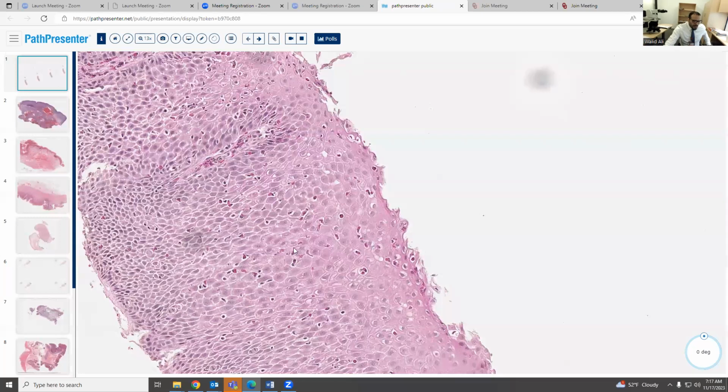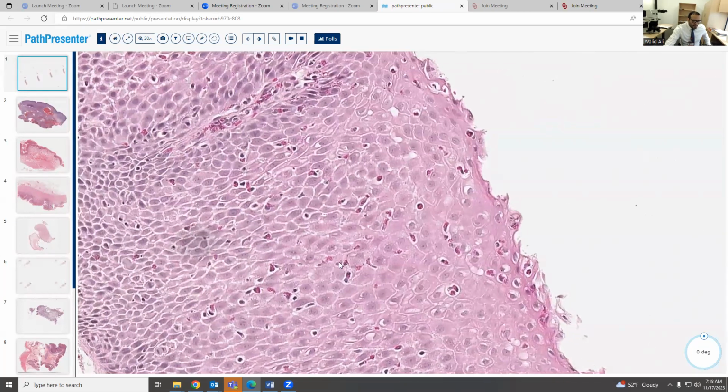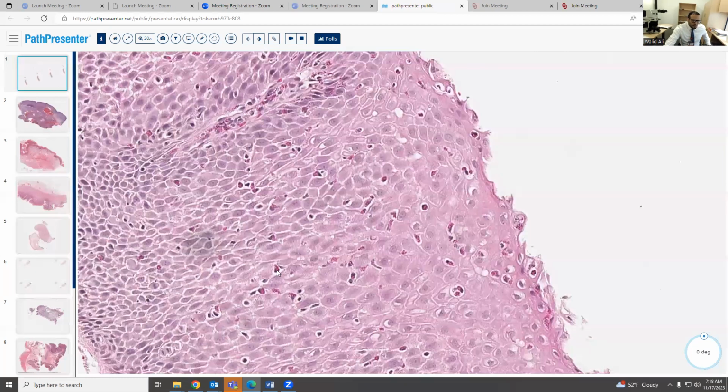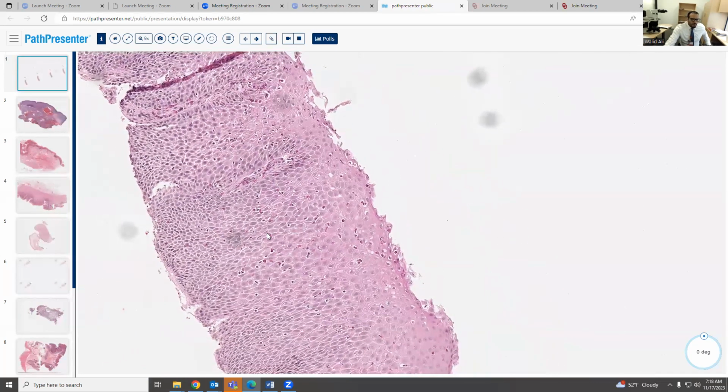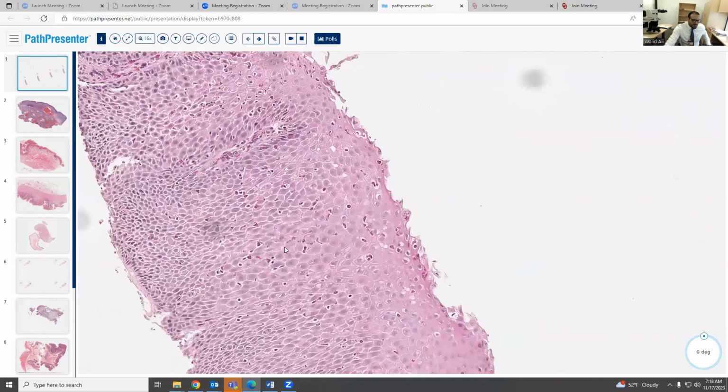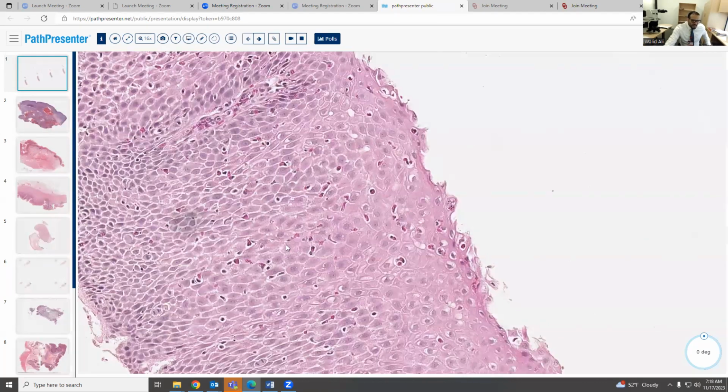When we go high power, we see those red granular cells, and those are eosinophils. It's a very straightforward and easy case to diagnose. There is a criteria for diagnosing eosinophilic esophagitis.